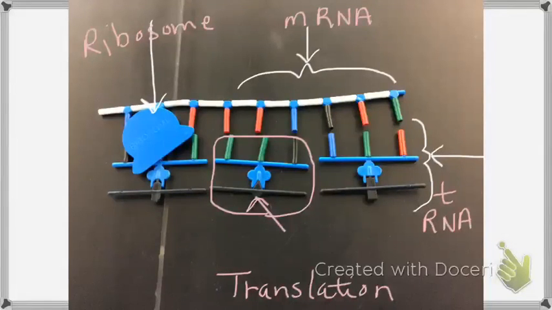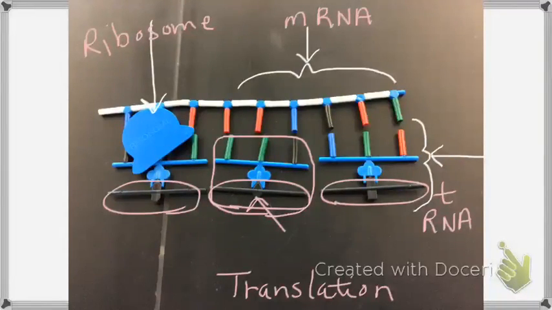So going back to Tim's question, how do you know that's translation? Well, what are we doing? Pretend. What are we doing here? We're making an amino acid sequence because you guys just told me here's an amino acid, here's an amino acid, here's an amino acid, and we're putting them in order. So what was that process called where you make an amino acid sequence from RNA? That's translation.